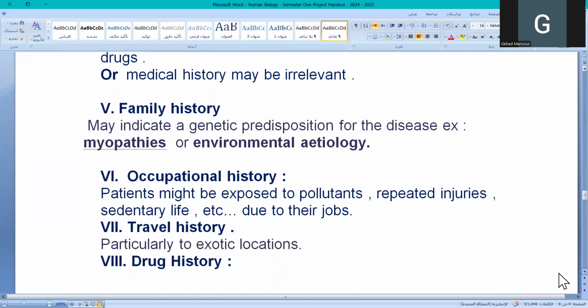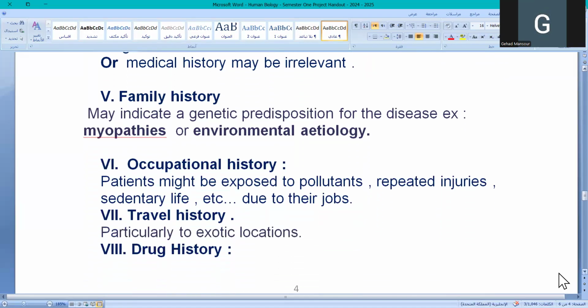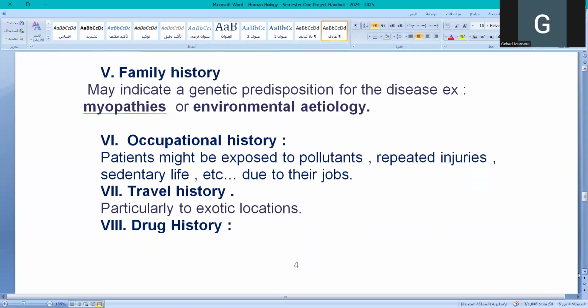The family history is important, as we said before, because it might be a congenital disease, genetic or non-genetic, or there might be a cultural correlation, meaning that those people live in the same environment, eat the same type of food, have the same way of living, and therefore they are liable to have the same diseases.